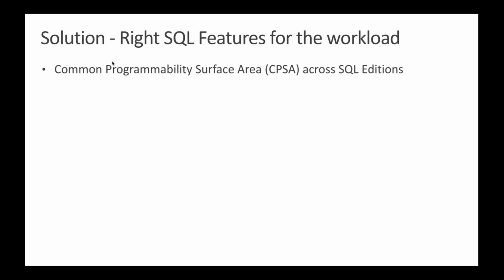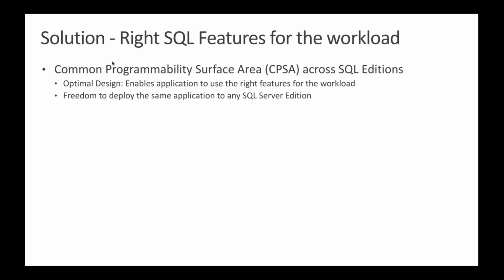So by having this common programmability surface area, it's easier for vendors to take advantage of those advanced features and build them into their application. So the optimal design, you can feel free to deploy the same application to any SQL Server edition, and you get your choice of edition based on performance, scalability, and availability requirements.